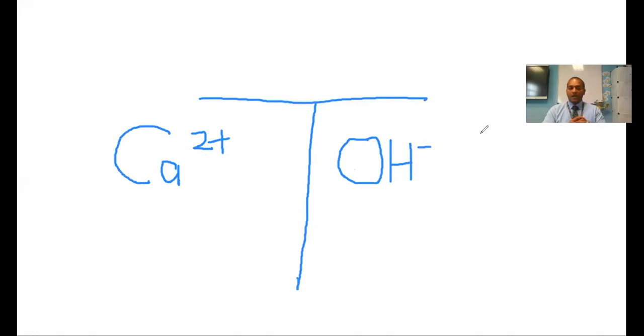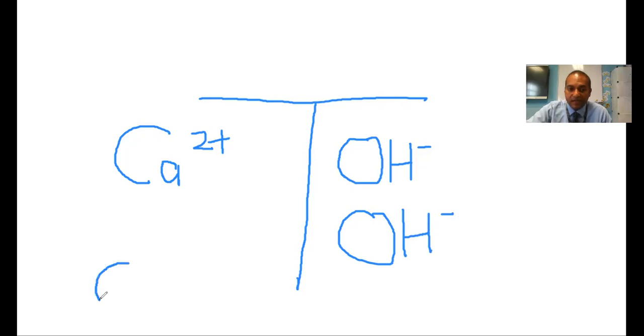On our left we have 2 plus, on our right we have 1 minus. It's not enough, so I'm going to add another OH. So we have 2 plus and 2 minus, balanced. So the formula is Ca(OH)2. I hope you can get the same answer.